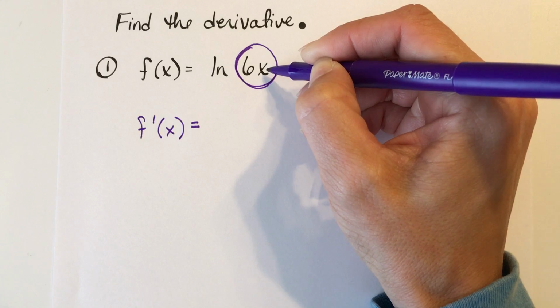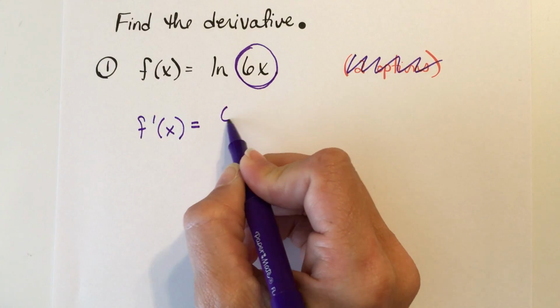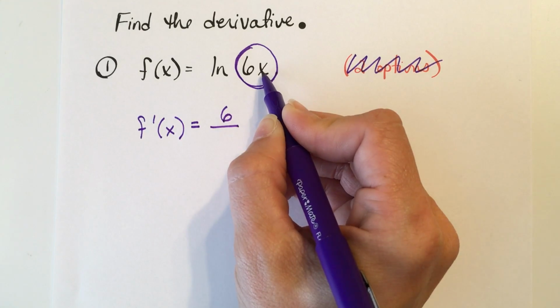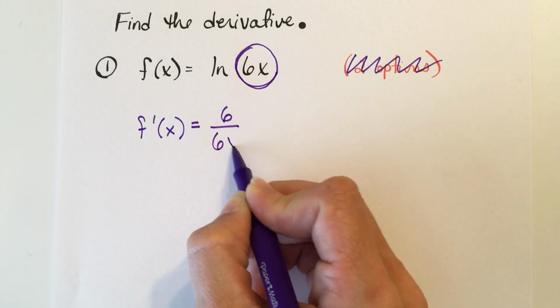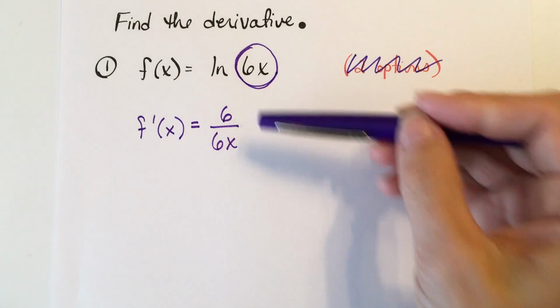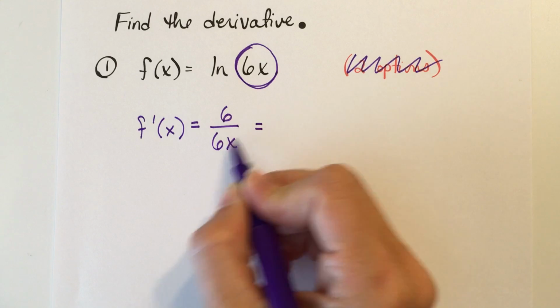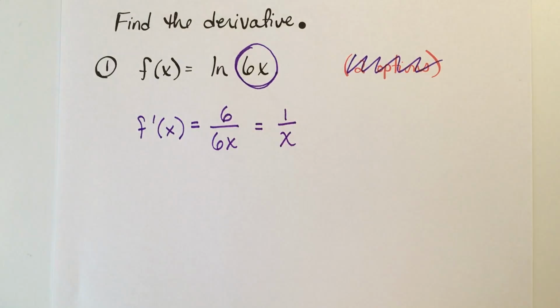So the derivative of 6x, remember, is just 6. And then my denominator is going to be my argument of 6x. So this is u prime over u. And then this is going to simplify to be 1 over x. There's your derivative. Okay, next.